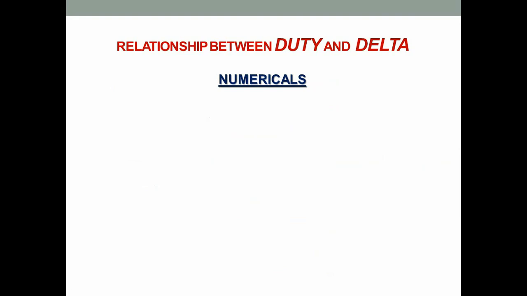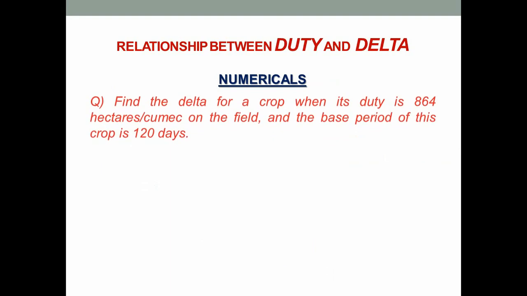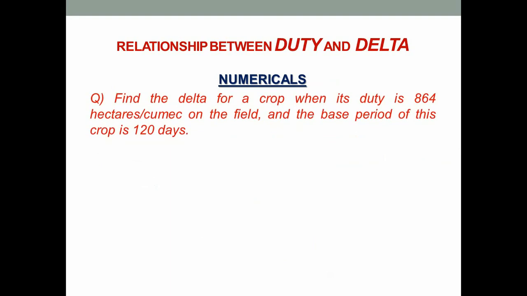Now we'll solve a numerical on the relationship between duty and delta, and you will understand what we are doing here. This is the question: find the delta for a crop when its duty is 864 hectares per cumec on the field, and the base period of this crop is 120 days.